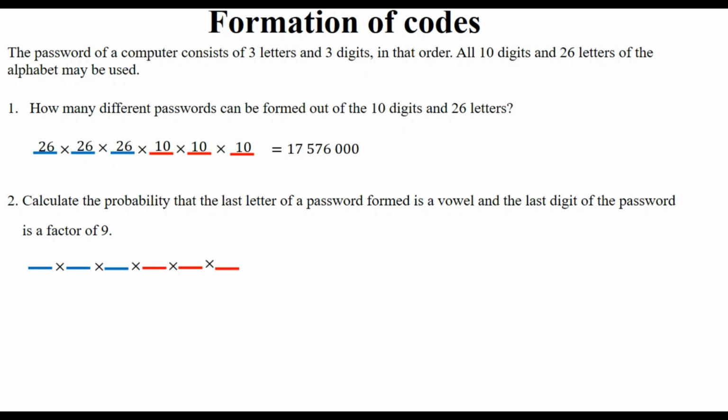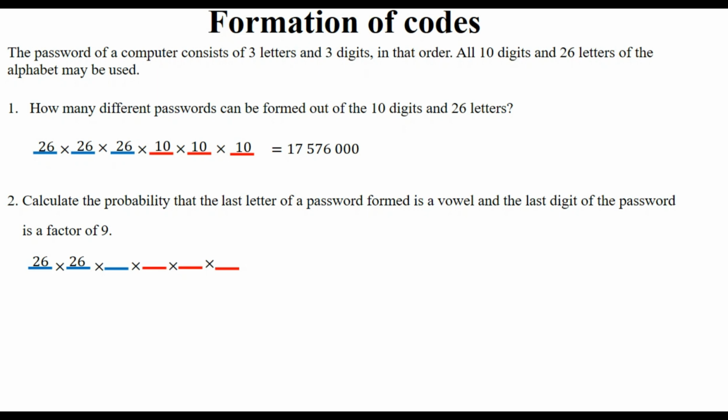Following the rule of the dash method, which says that between the dashes there must be a multiplication sign, then therefore there is a multiplication sign. Now you see in the first and second dashes there is 26 and 26. Why? Because there is no restriction given for the two positions.